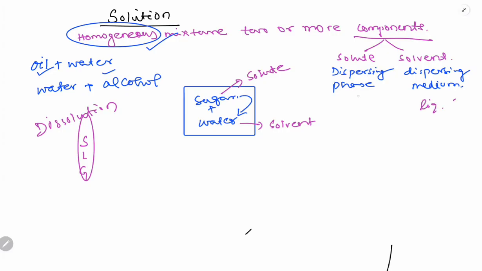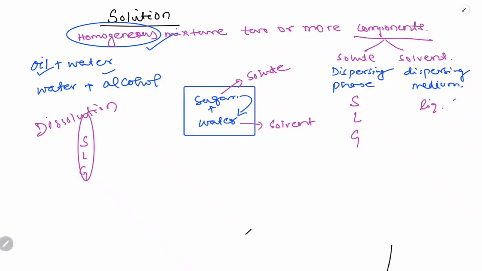Solute can be solid, liquid, or gas. Practically, solvent can be solid, liquid, gas, but for this chapter, we will treat solvent always as liquid state. Understood? Next we can proceed.